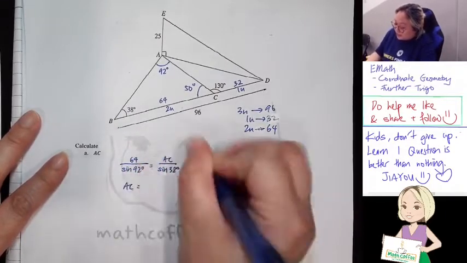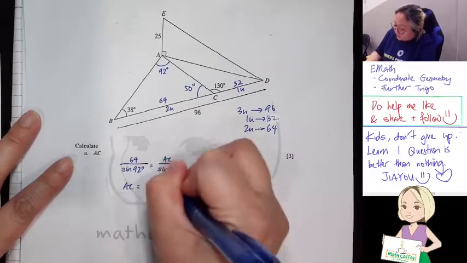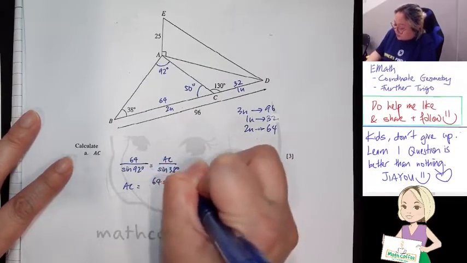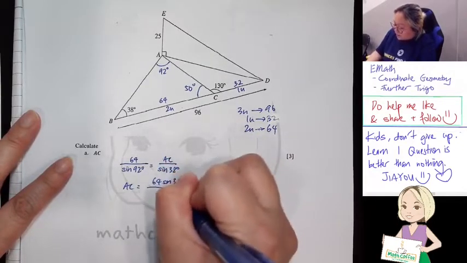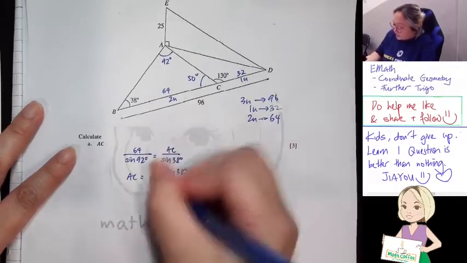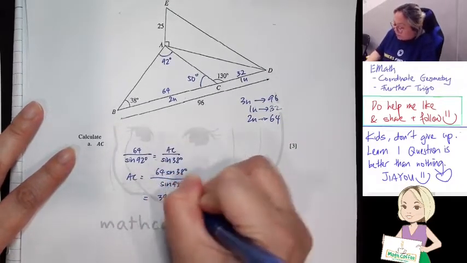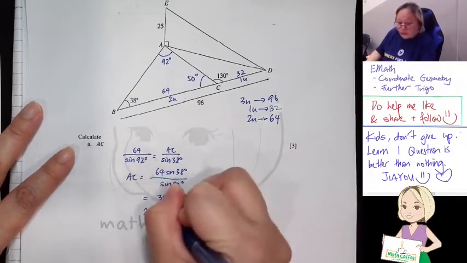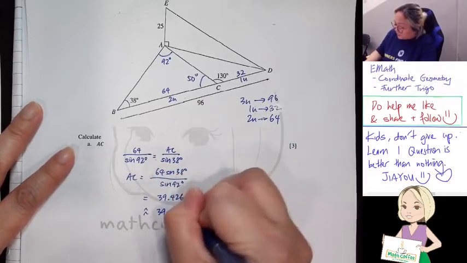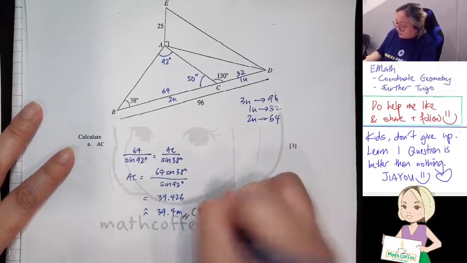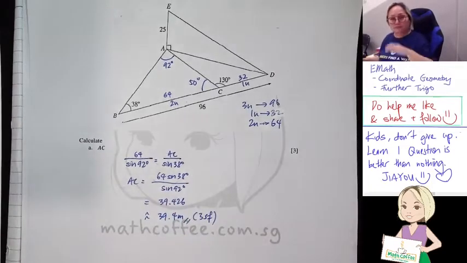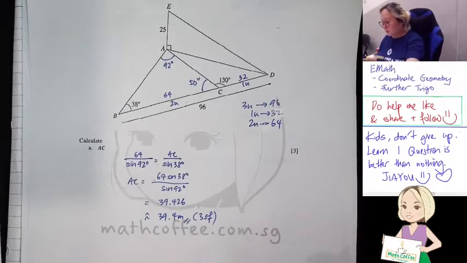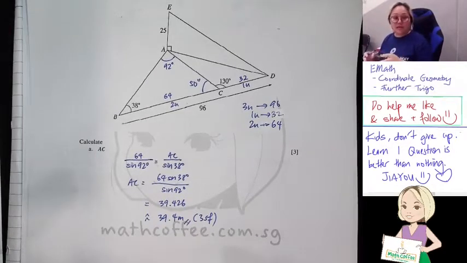So my AC is equal to 64 sine 38 degrees over sine 92 degrees. And that will give you 39.426. Round it off to 3SF, 39.4 meters. So this one we found is using sine rule.